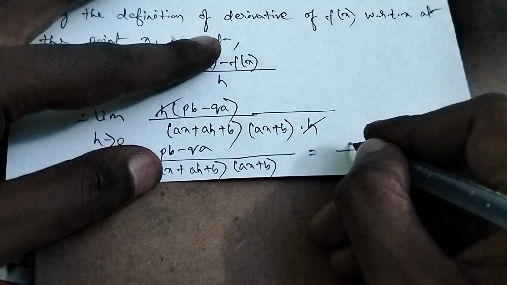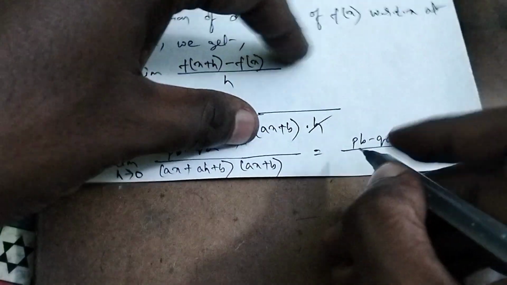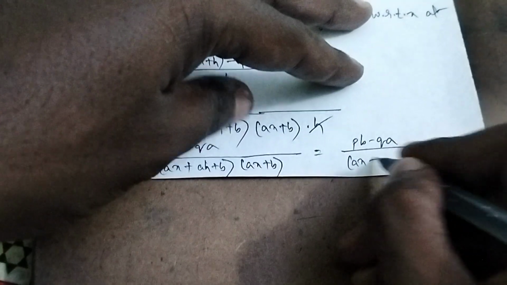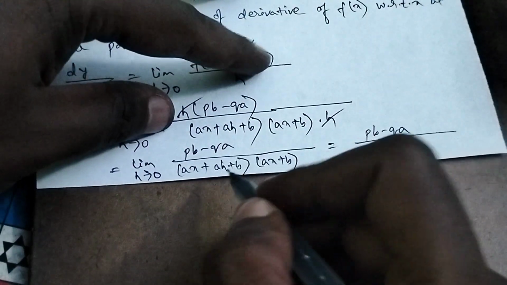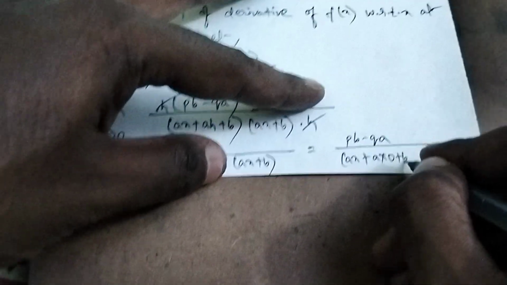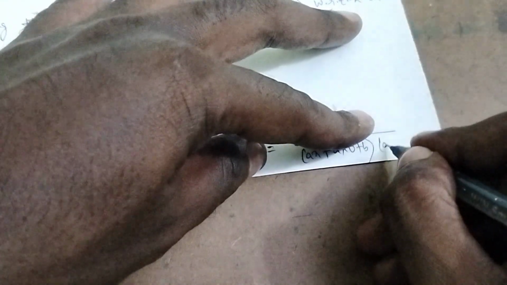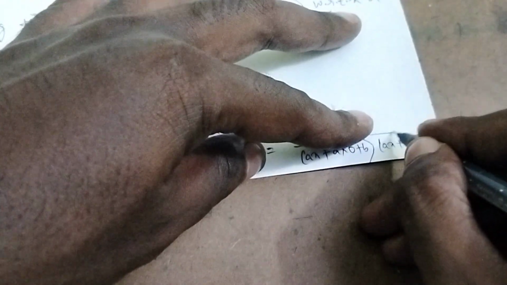So (pb minus qa), and it is ax plus a into 0 plus b, and then (ax + b).